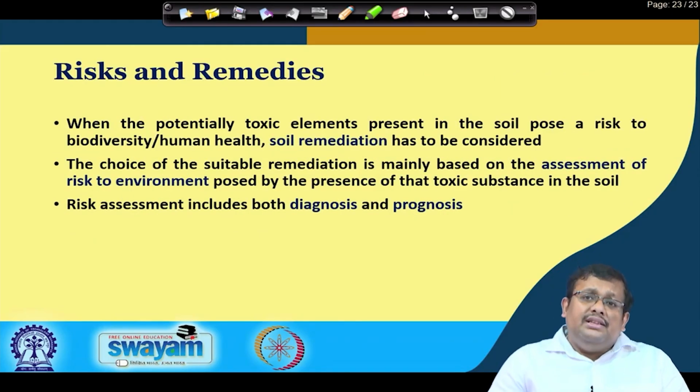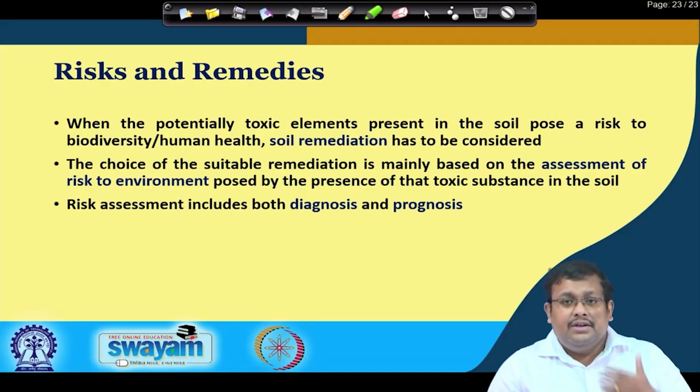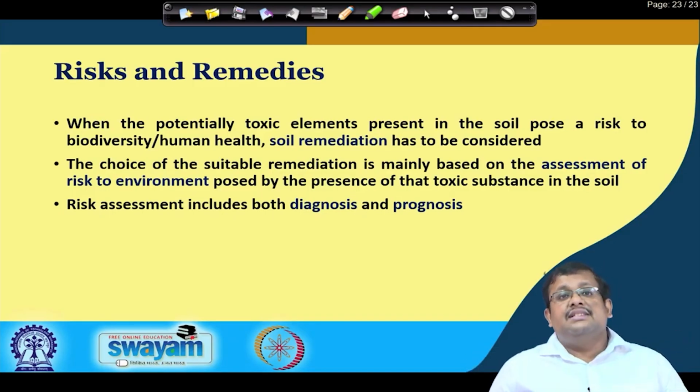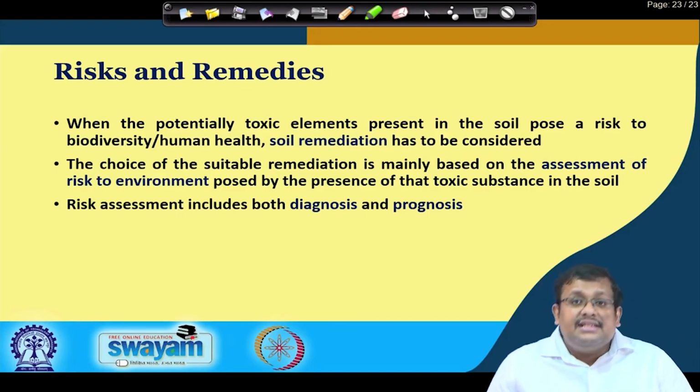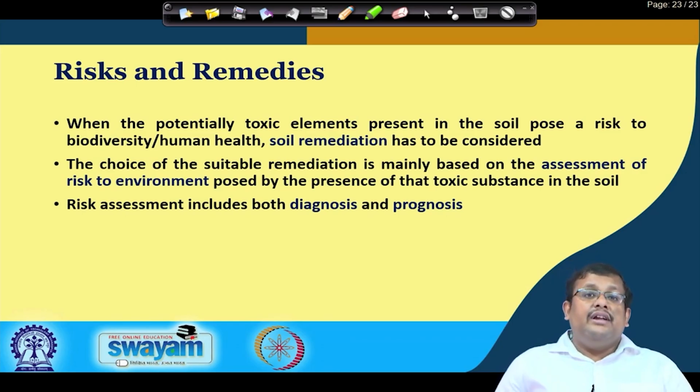Now, once we complete this model validation, model sensitivity analysis, the next important aspect which you need to discuss is risk and remedies. So, when the potential toxic elements present in the soil pose a risk to the biodiversity or human health, soil remediation has to be considered.